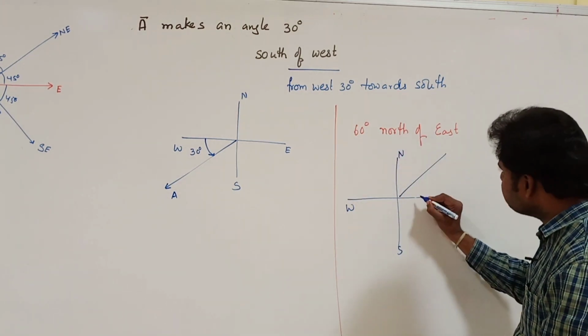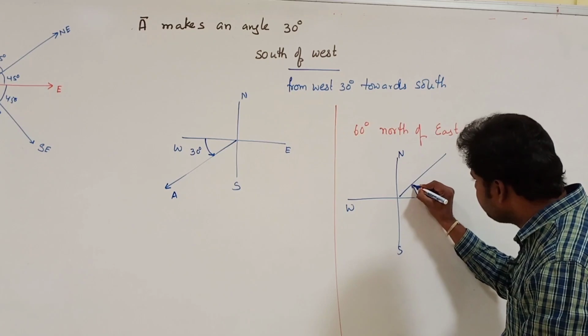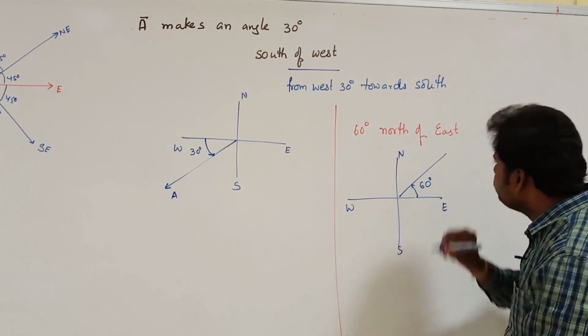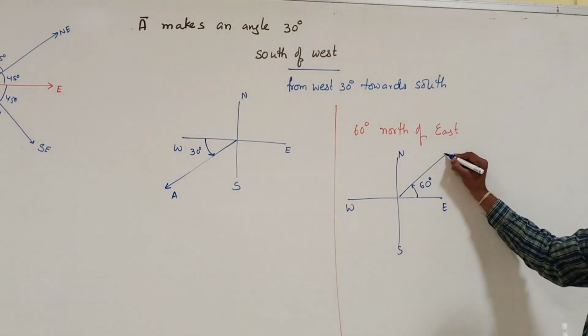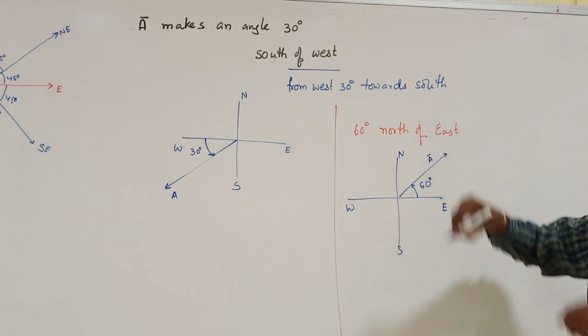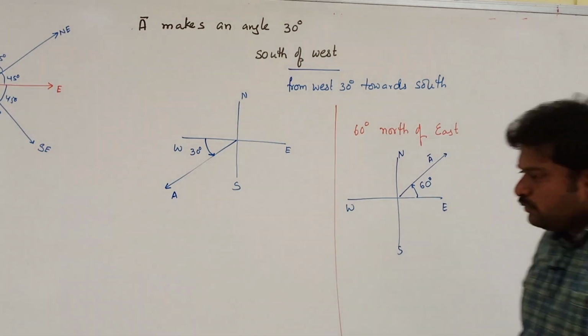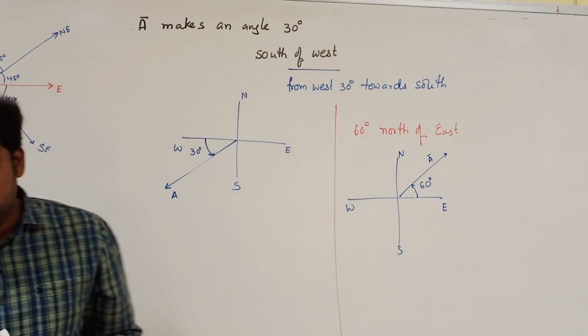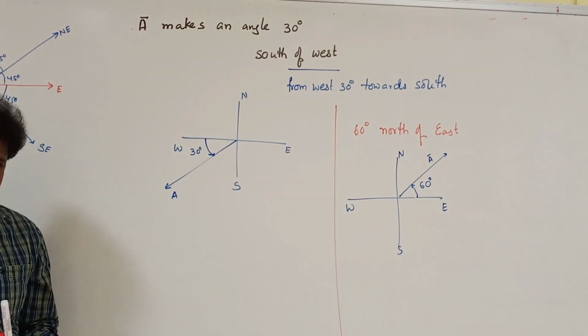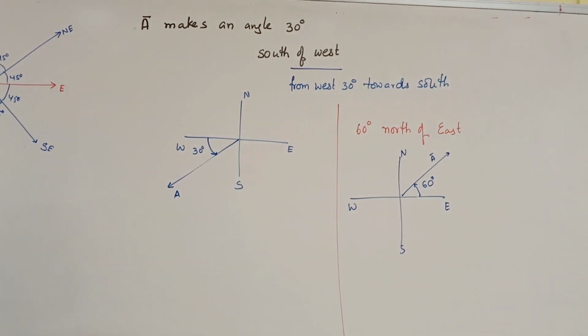That is called north of east. In that way we can write any vector, and if many vectors are there, the resultant vector can be found using the parallelogram method or the components method. Okay.